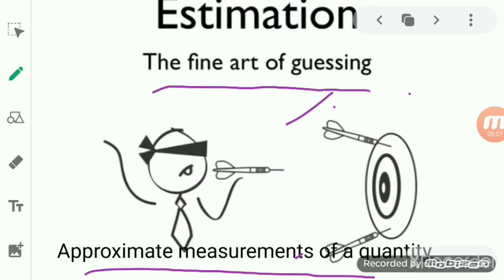It also helps us arrive at a decision based on experience rather than the actual measurement. So estimation is useful in saving time, and it is very much correct with experience rather than the actual measurement. So this is estimation and how it is relevant.